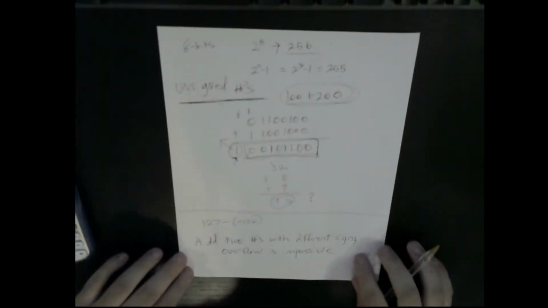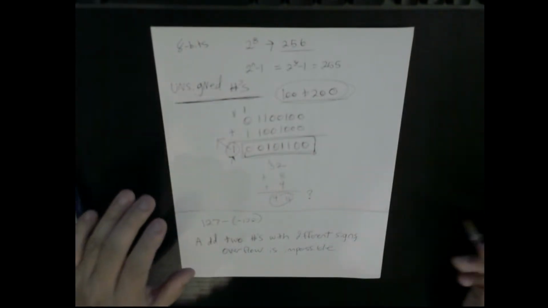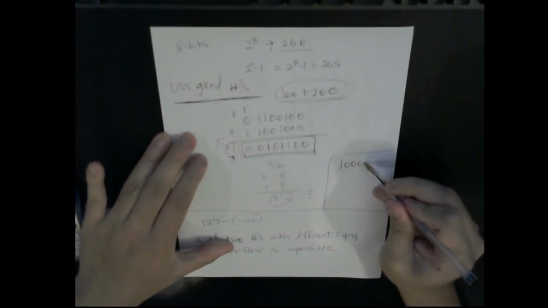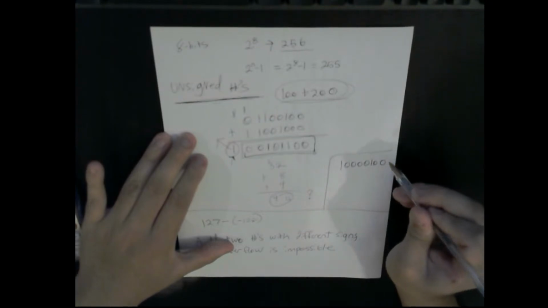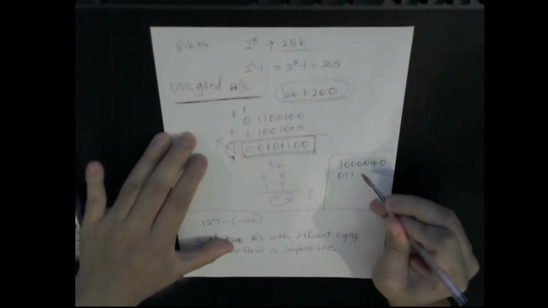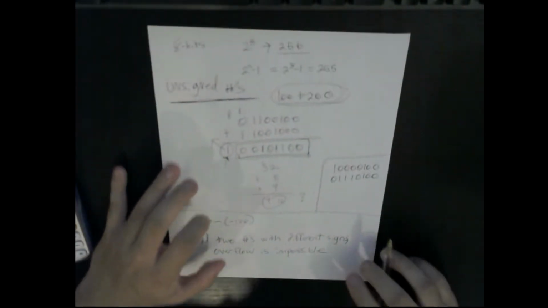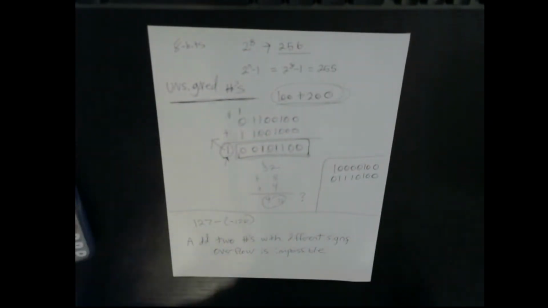So what do I mean by numbers with two different signs? So if I have a two's complement number, let's say I'm adding this two's complement number to this two's complement. Remember what I said earlier in this review section?